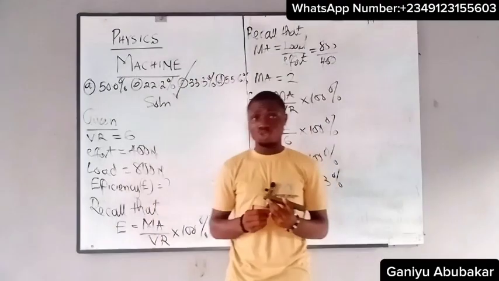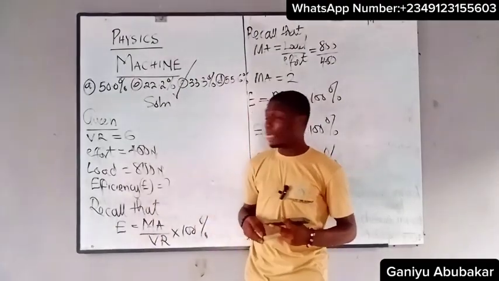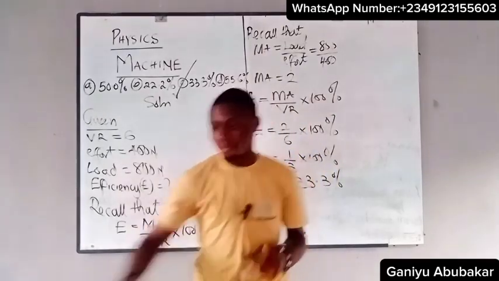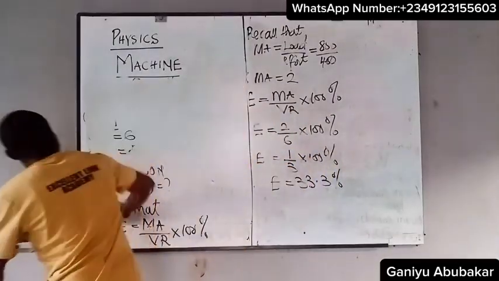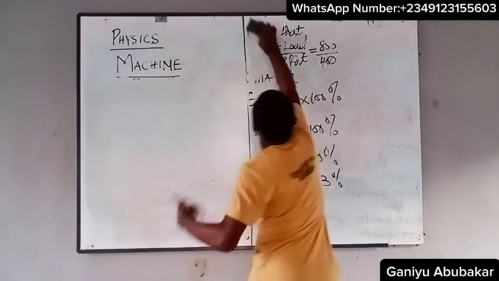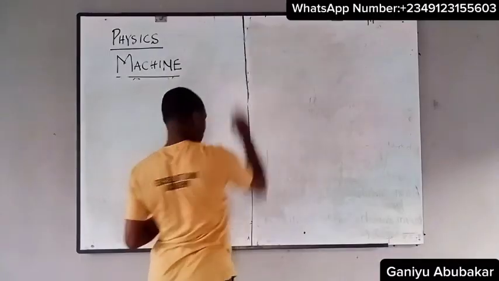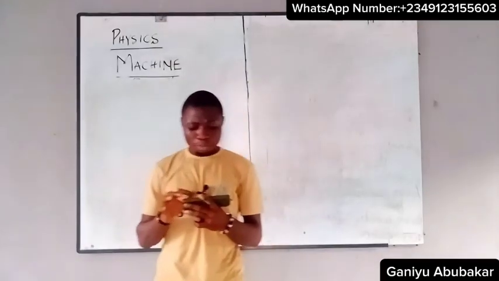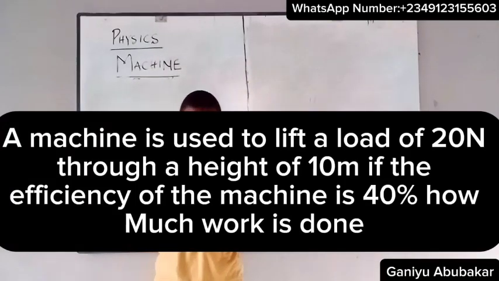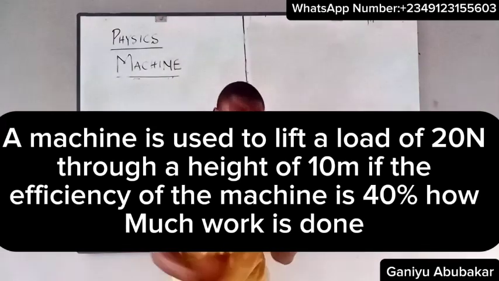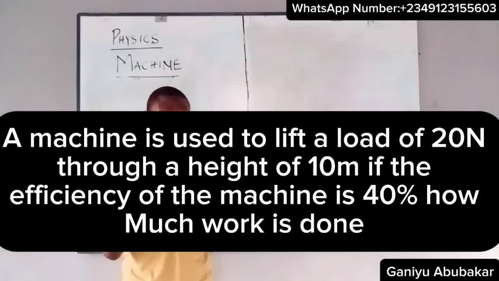Let's do example 2 to further explain the concept of machine. Example 2 says that a machine is used to lift a load of 20 Newton through a height of 10 meter.